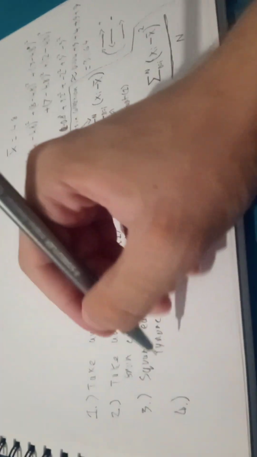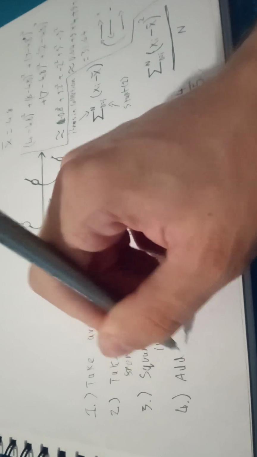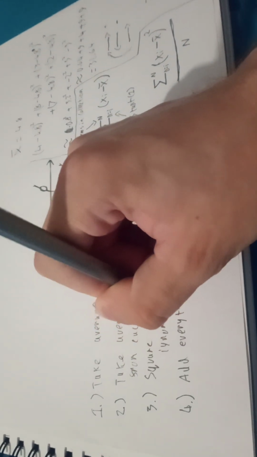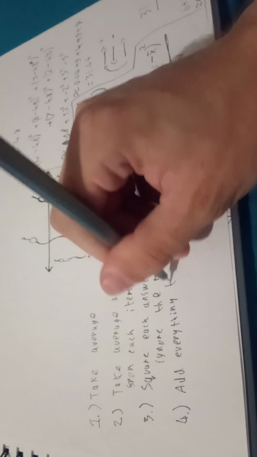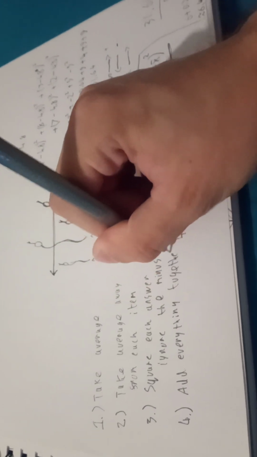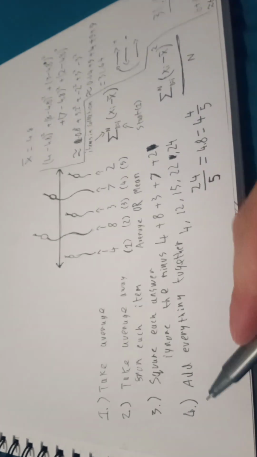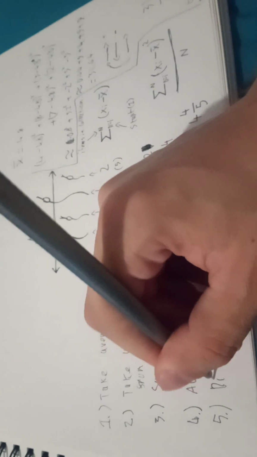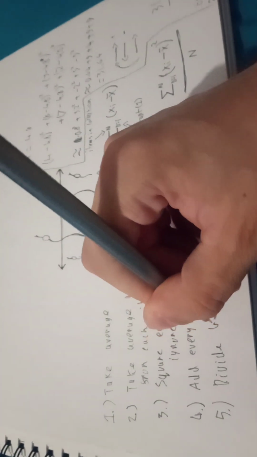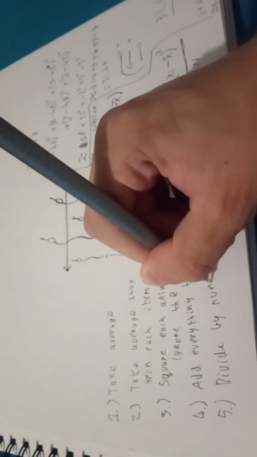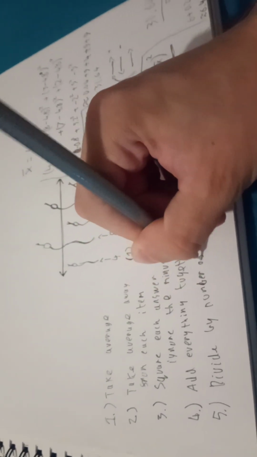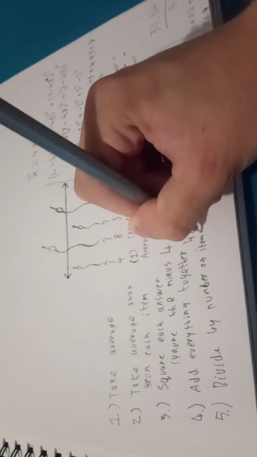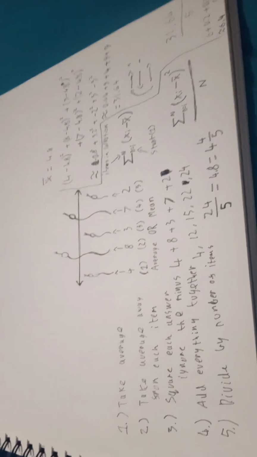And then once you've done that, add all these numbers together. Right. Once you've added everything together, divide by the number of items. And that's it. You're done at that point. And that's how you do the variance.